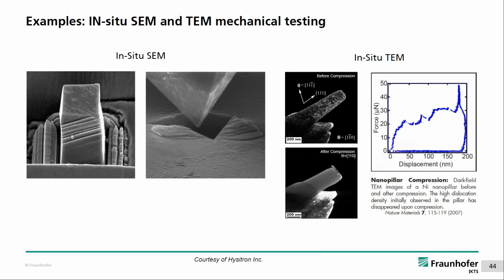Or if you have a brittle nanoparticle, you can see fracture. With the tools we use, you can correlate the image to the mechanical data in time. So if something happens in the mechanical data, you see what happened to the particle or the pillar, and you can see whether it was plasticity or fracture.